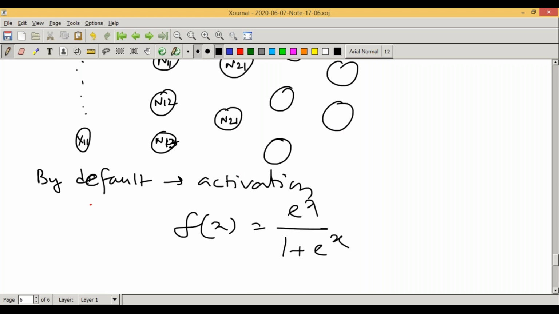But if you want to change that, check the neuralnet help. Generally, we don't change all these default things. But when you become a data scientist handy with all of these, you will change alpha. The learning rate, I told you, alpha, beta, that also you will find out if you put a question mark before neuralnet.